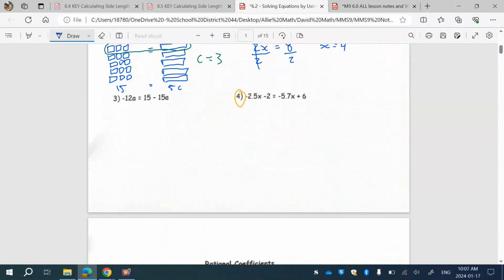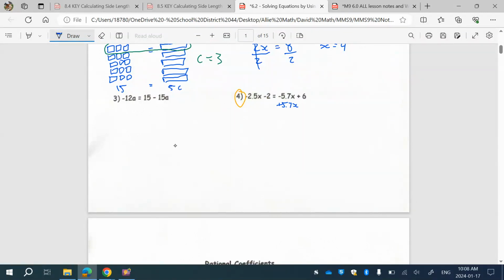So we have some decimals. We just do the same as we did, but we might not end up with these clean numbers like we have before. So I want there to be a positive x. I like to have a positive x. So since they're both negative, you could think about this one where we would add 5.7x. And that's going to bump this into positive territory.